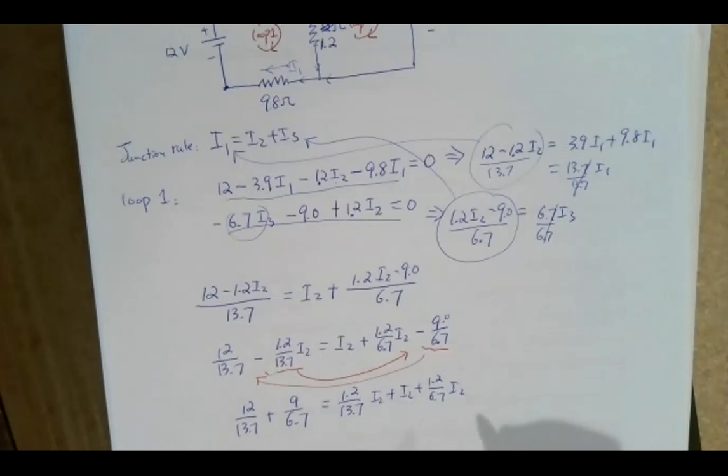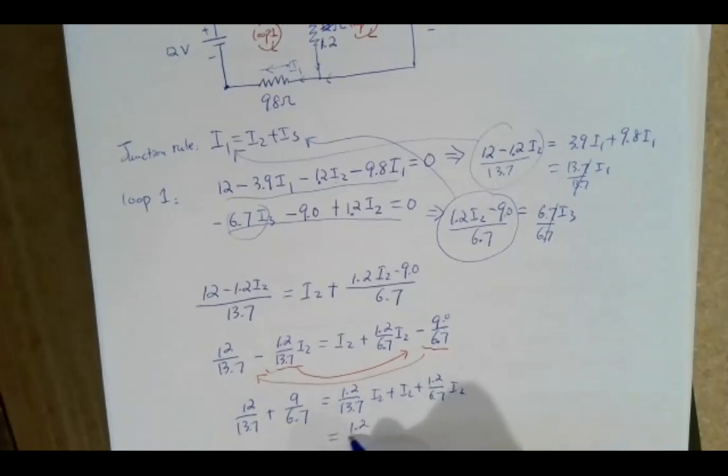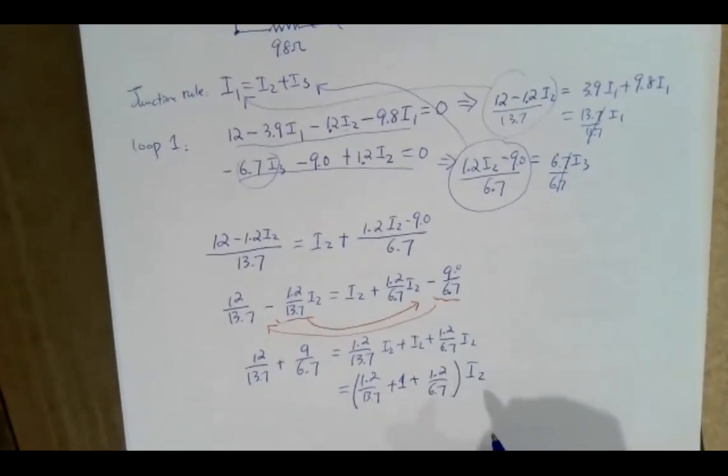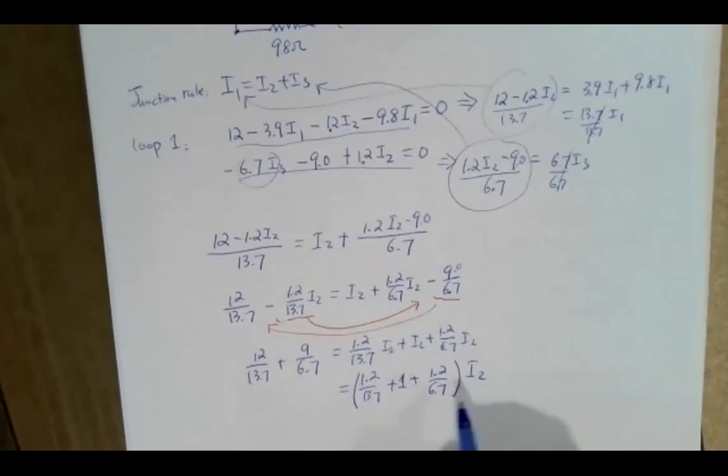So this is 1.2 over 13.7 plus 1 plus 1.2 over 6.7 times I2. Then you solve for your I2, basically this over this.